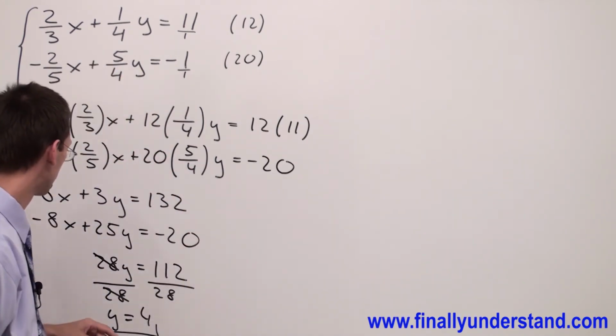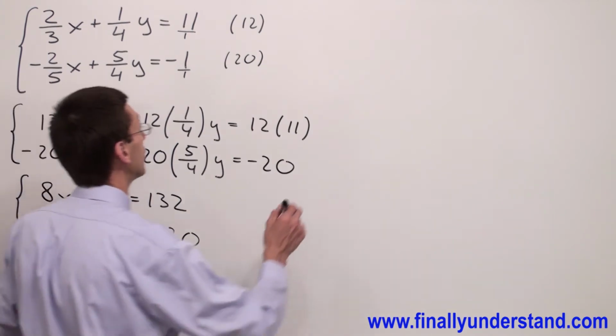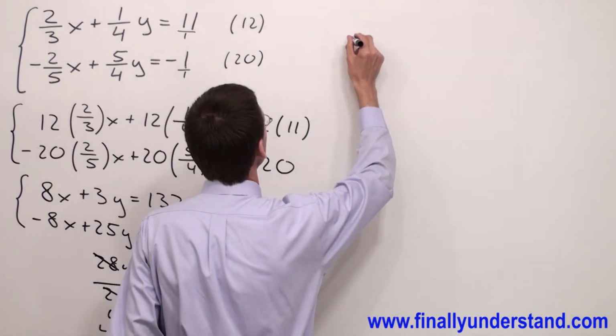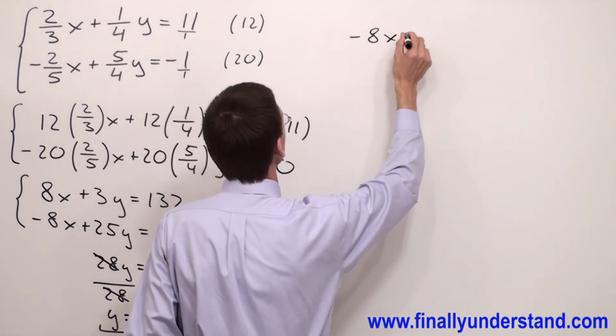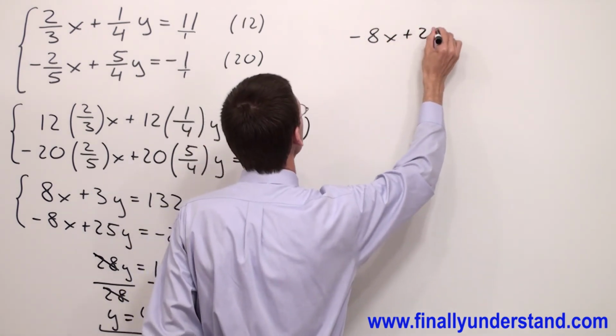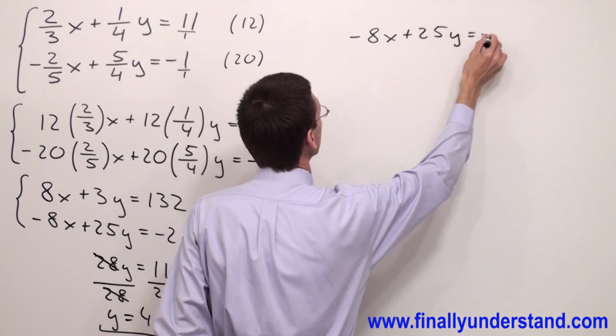So I'm going to copy the one which has lower coefficients, let's say the second one. You can take either one, by the way. Negative 8x plus 25y is equal negative 20.